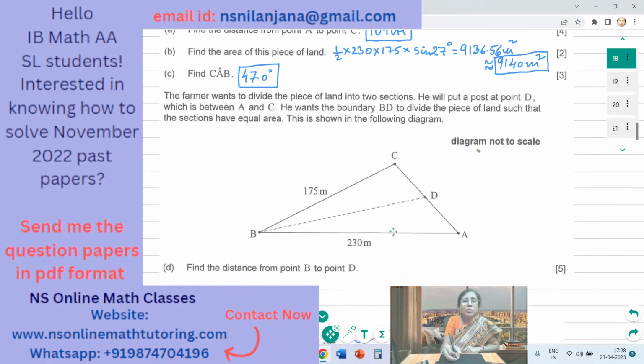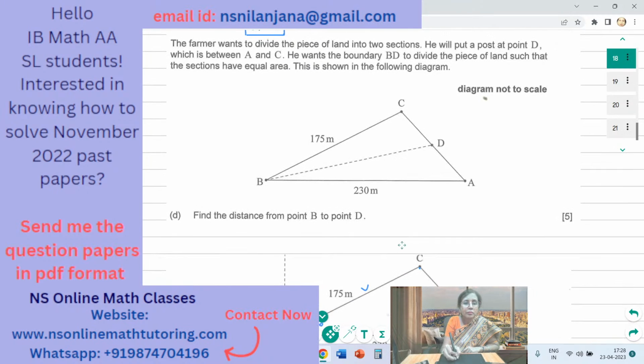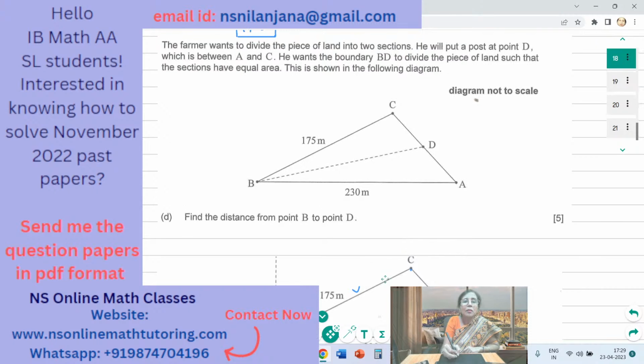So now we come to the farmer wants to divide the piece of land into two sections. He will put a post at point D, which is between A and C. He wants the boundary BD to divide the piece of land such that the sections have equal area.